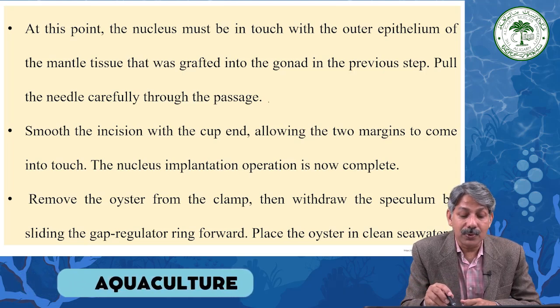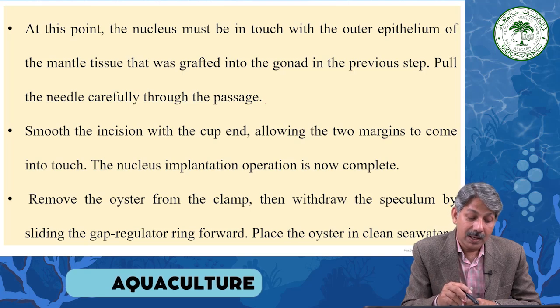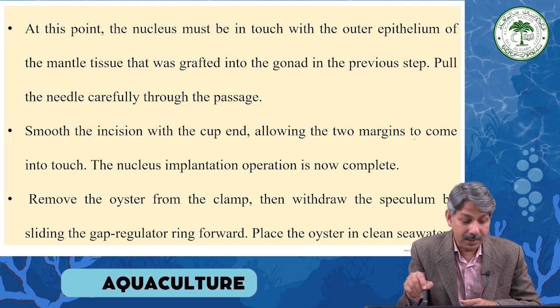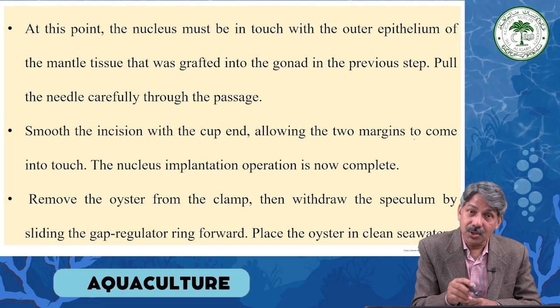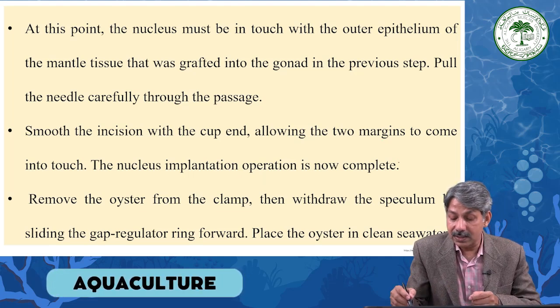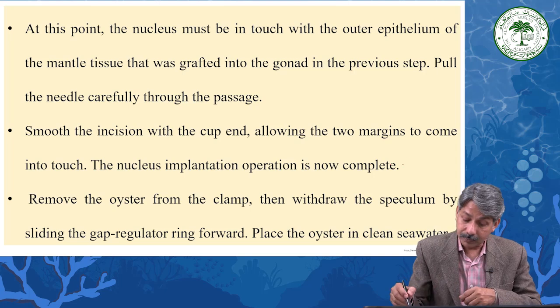Pull the needle carefully through the passage. Smooth the incision with the cup end, allowing the two margins to come into touch. They should touch each other. The nucleus implantation operation is now complete.